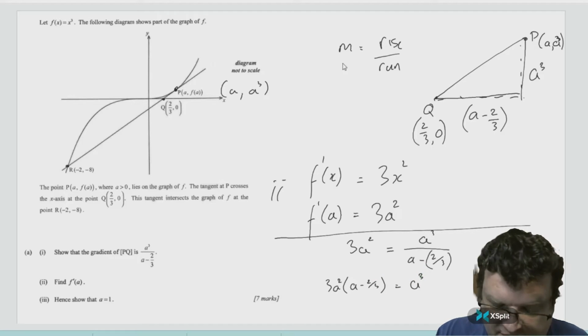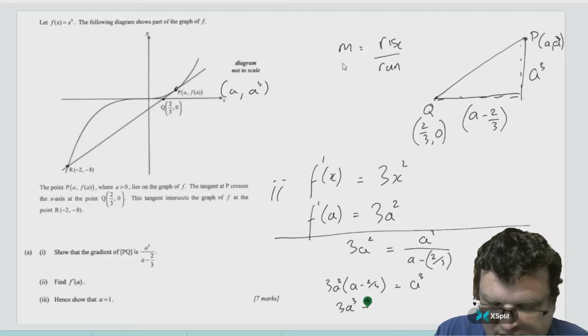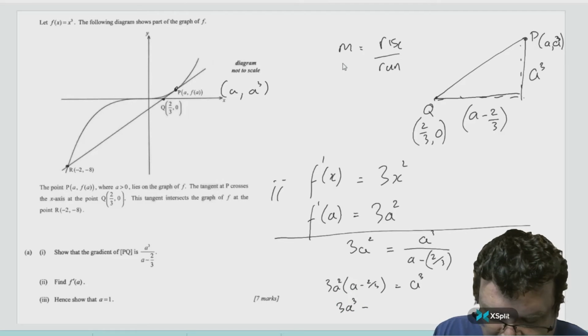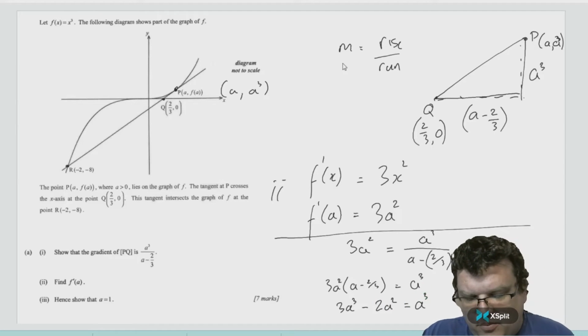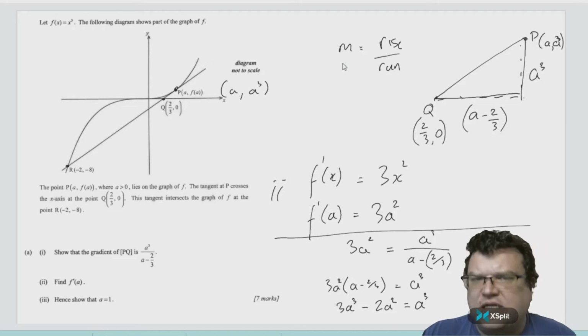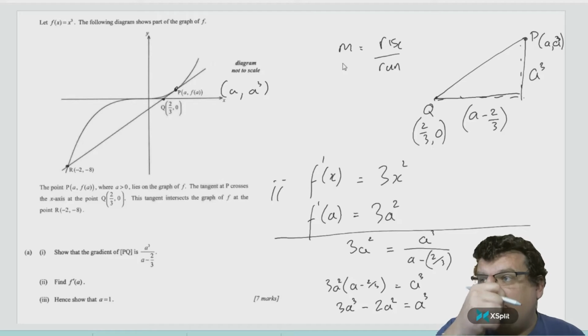Expanding the bracket on the left hand side, we get 3a cubed minus, now the 3's are going to cancel, and I'm just going to be left with 2a squared, which is equal to A cubed. And I can see here I'm going to end up with a cubic with a quadratic term as well, but since there's only a power 3 term and a power 2 term, this should be fairly easy to solve by factorization.